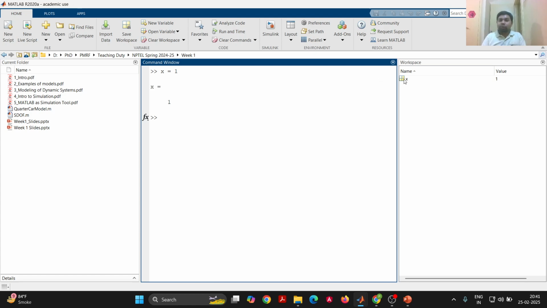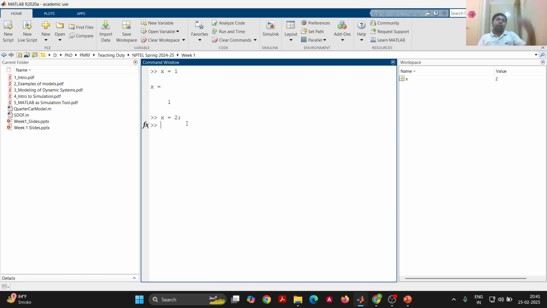And if you want to assign the value of 2 to x but suppress the output, you will see that the value of x has changed to 2, and with the semicolon you suppress the output, so there is no display in the command window.